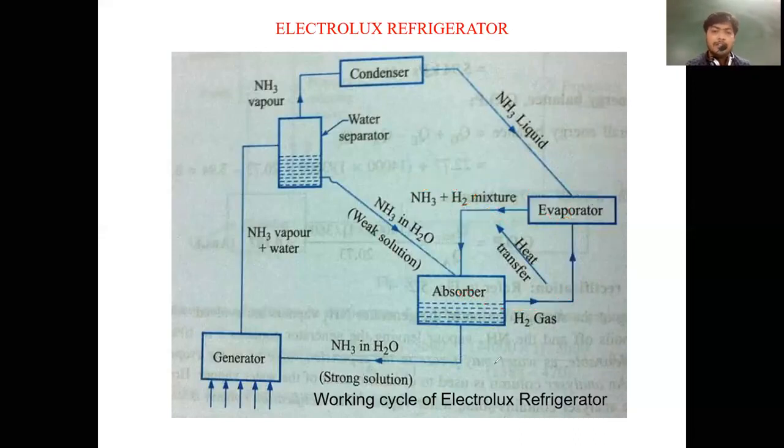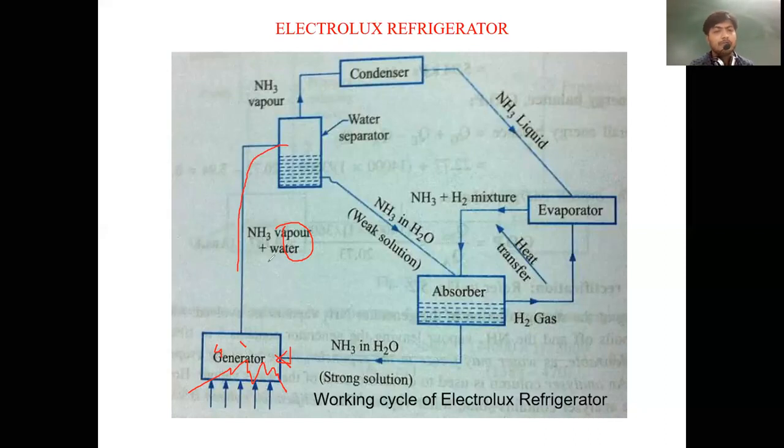Then, after the absorber, the strong ammonia-water solution is drawn into the generator, where external heat is supplied. That's why ammonia is separated, and water remains here and is excluded. The ammonia vapor, with some particles of water vapor, goes upward because of less density into the water separator.